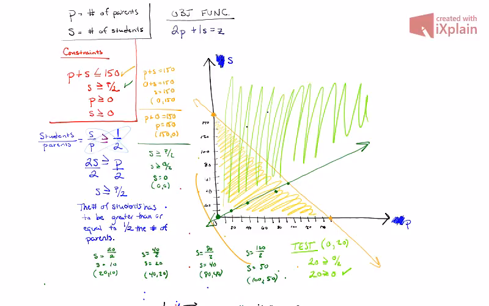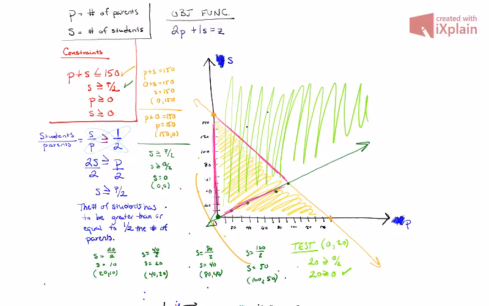So now I need to know where I need to focus. I'm going to go ahead and highlight that in pink. The area that I need to work with is where the shading overlaps, so it's going to be contained in this pink triangle.